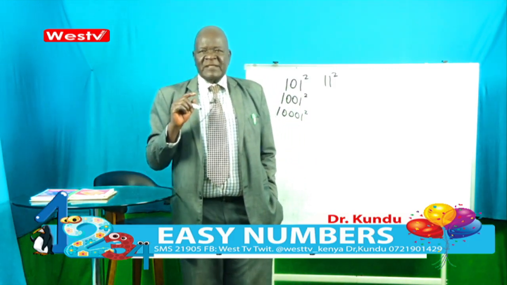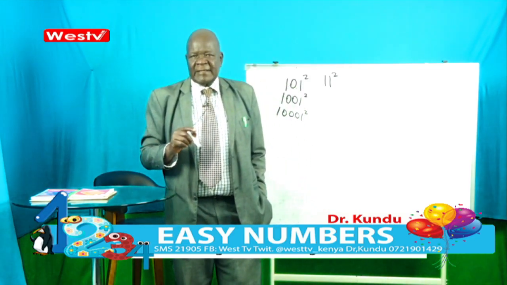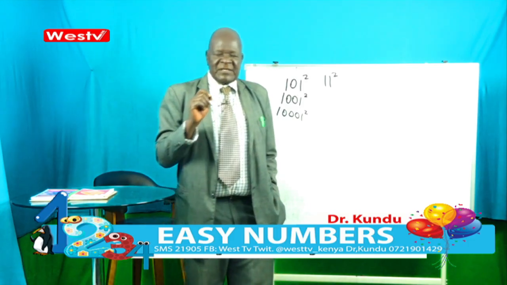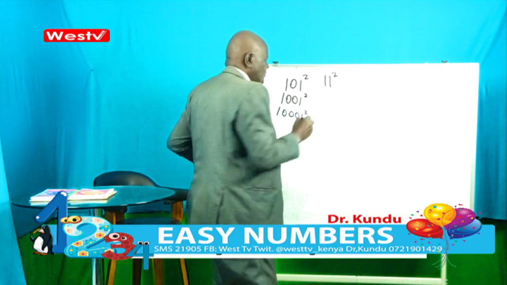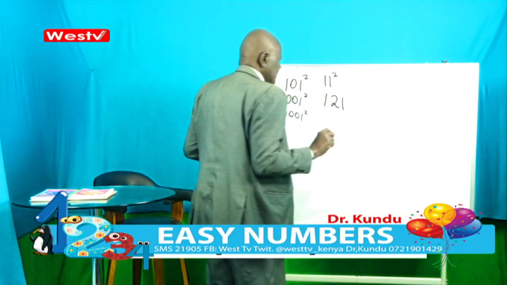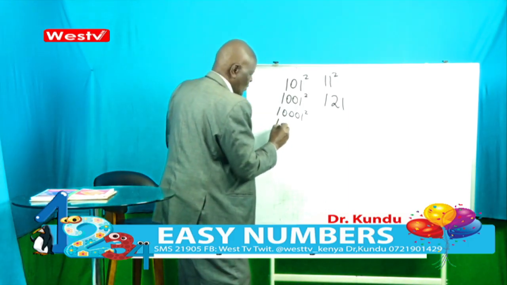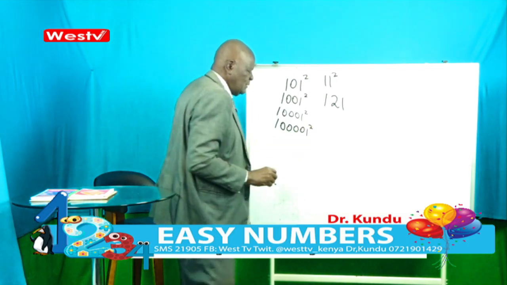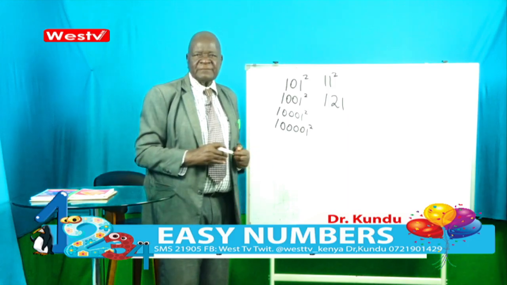I'm going to show you later how to easily square numbers composed of ones only. But the square of 11, just know that it is 121. Once you know this number 121, it will square any number, provided that it begins with 1, it ends with 1, and the centers are 0.